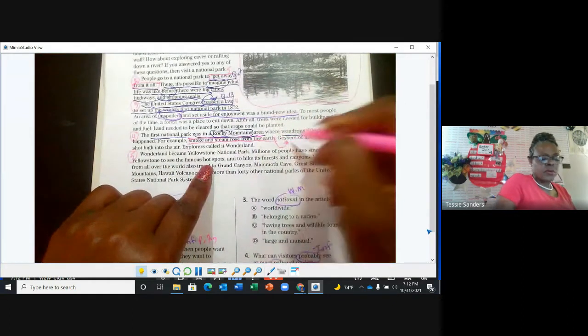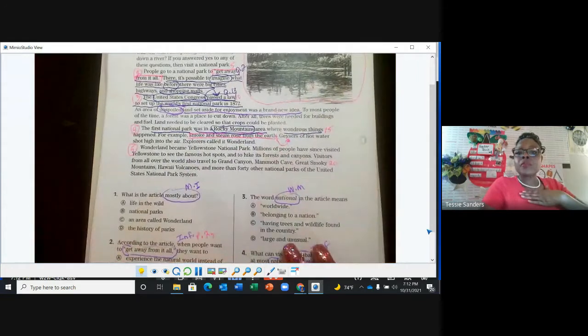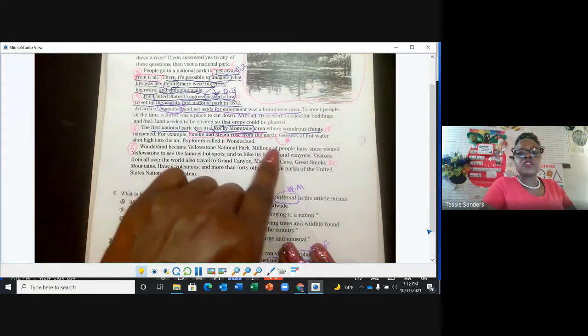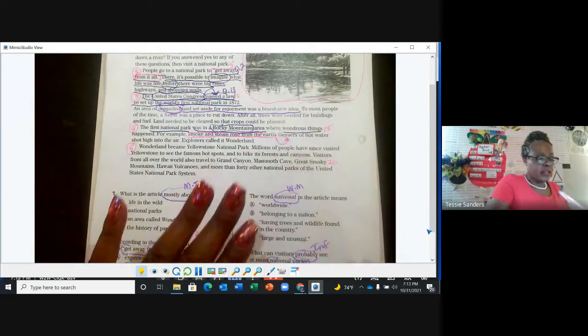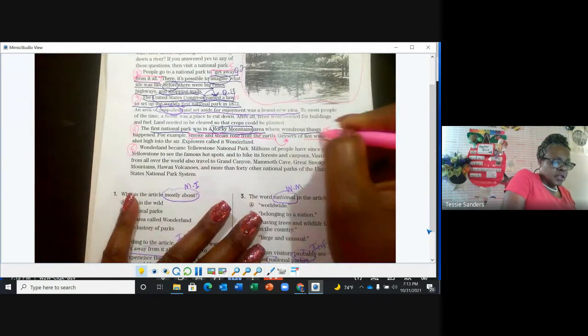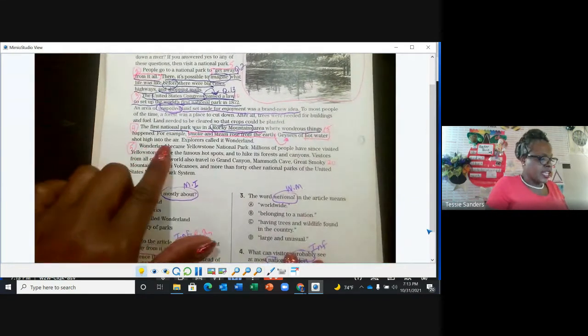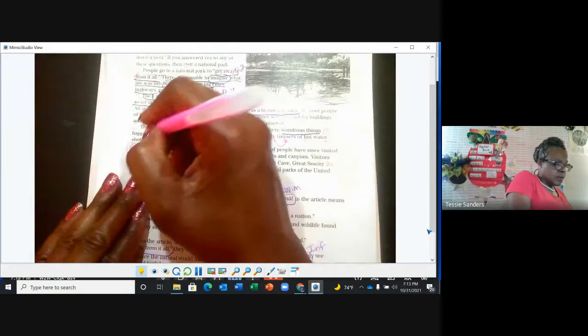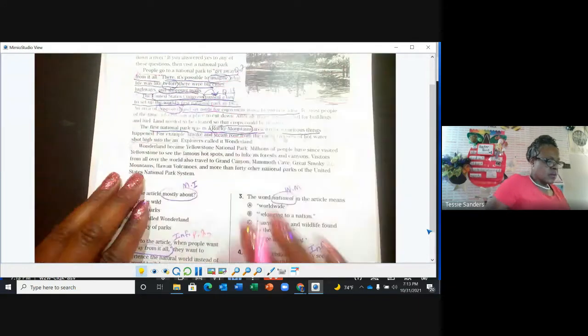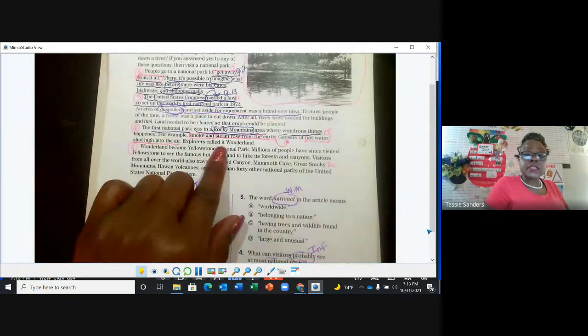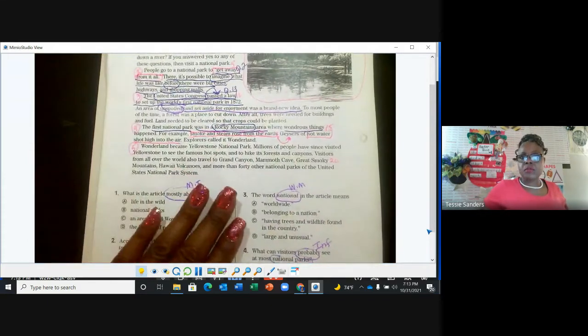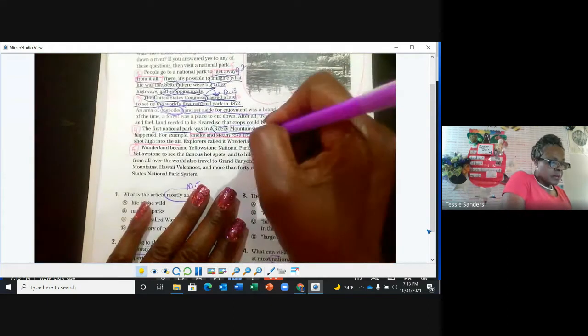Draw an arrow. You do what Professor Matlock does. Geysers of hot water. That's a key phrase, isn't it? Shot high into the air. Explorers called it Wonderland.